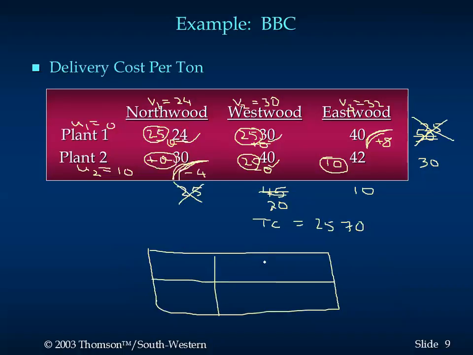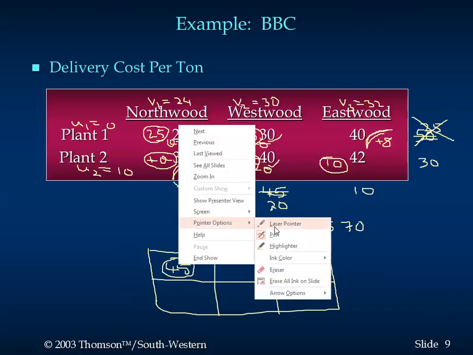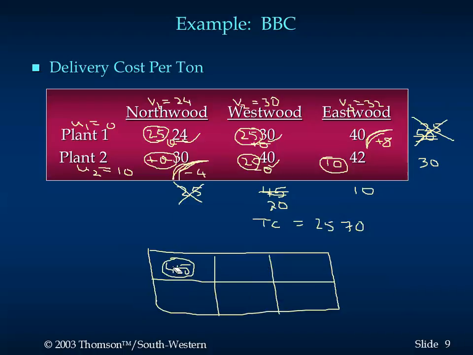Okay, much better. Now if I put theta equals 20, this is 25 plus 20, so 45. This cell is 45. 25 minus 20 is 5 only, so let me rub out the 40 there.